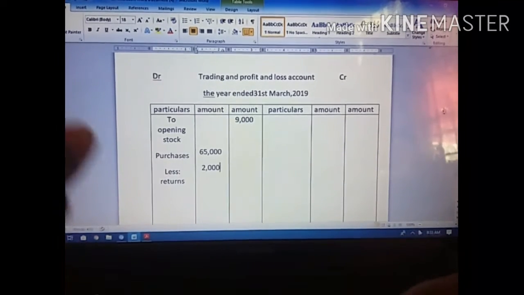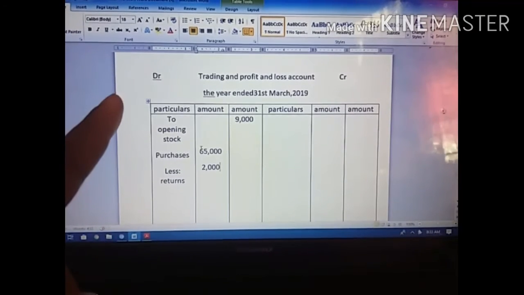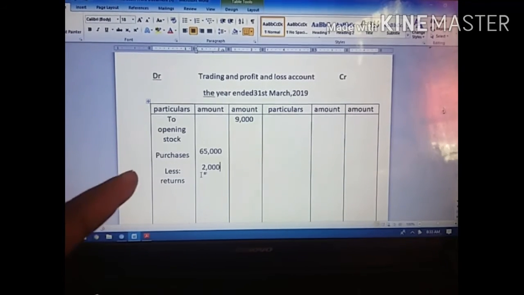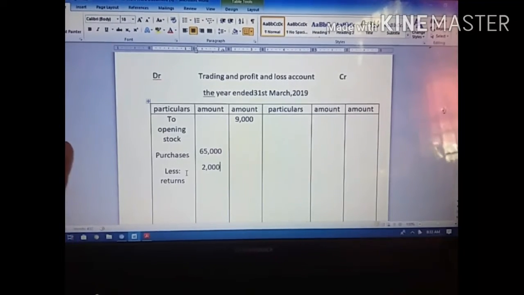For any adjustment you have to use the inner column. After adjusting the things, you have to post the main value on the outer column. So don't write anything in a particular column. If you have any adjustment, then you must use the inner column only, not the outer column.